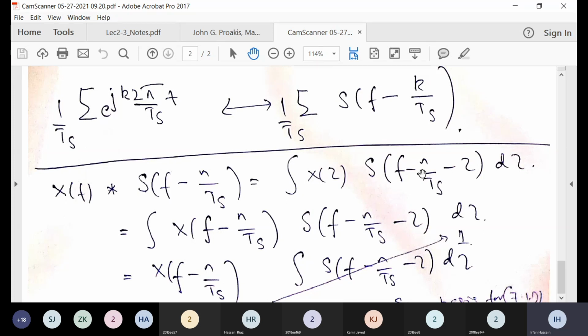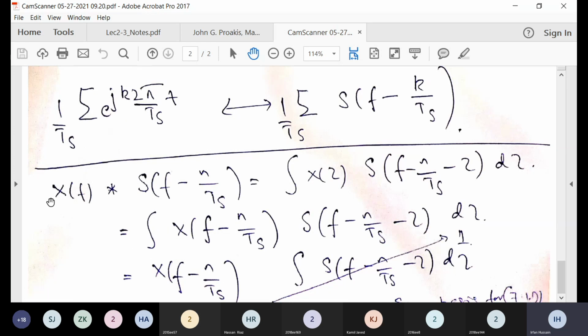After multiplication of a function with an impulse, the function exists only at the point of the impulse. The point of the impulse with respect to tau is where the argument is 0, so tau is equal to f minus n over Ts. So x evaluated at f minus n over Ts is constant with respect to tau, and it comes out. Inside you have the integral of the impulse, which we all know comes out to be 1.